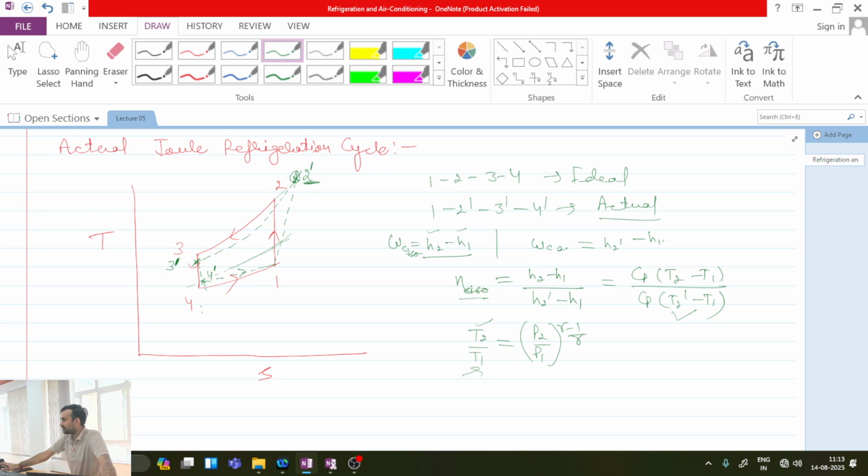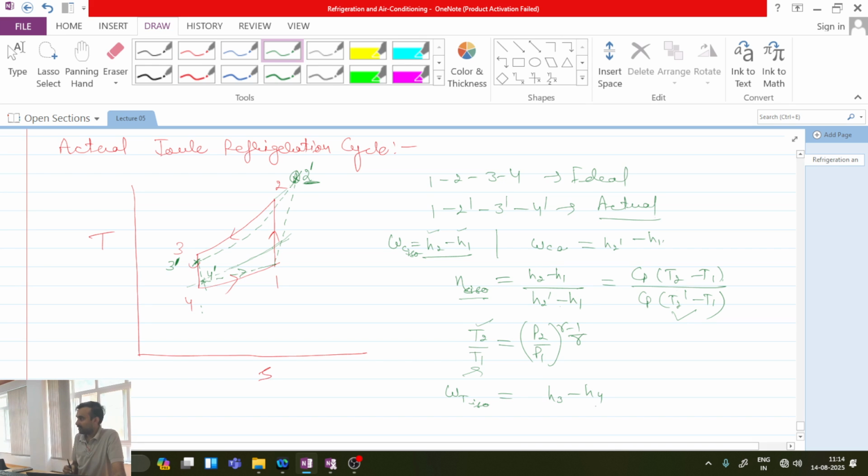Are all clear with this point? Now similarly, process 3 to 4 is isentropic and 3 dash to 4 dash is what? 3 dash to 4 dash is the actual process, a non-isentropic process. Okay, so the isentropic work in the turbine will be how much?